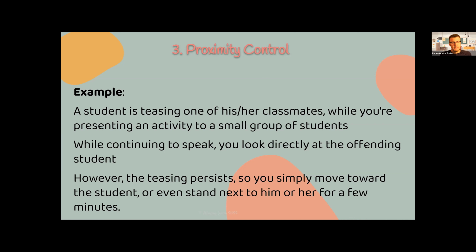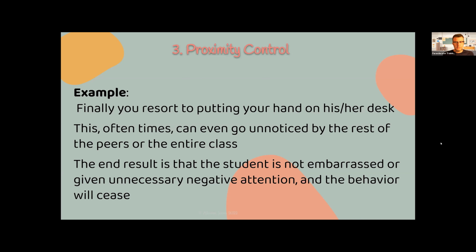And then when it doesn't, you can move to proximity. Proximity alert, incoming spaceship. Finally, you resort to putting your hand on his or her desk. This oftentimes can even go unnoticed by the rest of the peers of the entire class. The last thing you want to do is have everyone notice what you're doing. This is one reason why you don't stop your lesson, why you don't stop presenting.